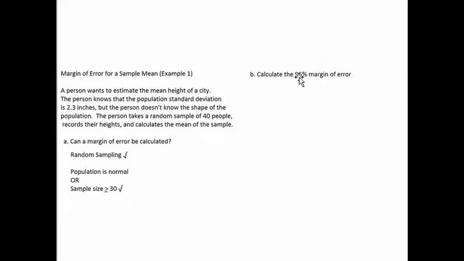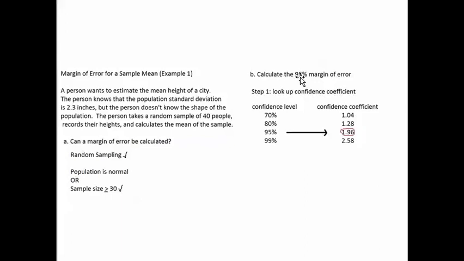Let's say we want to set the confidence level to 95% and calculate the 95% margin of error. Well, the first step to do that would be to look up our confidence coefficient. We would go to our table and go to 95%, and then get our confidence coefficient.